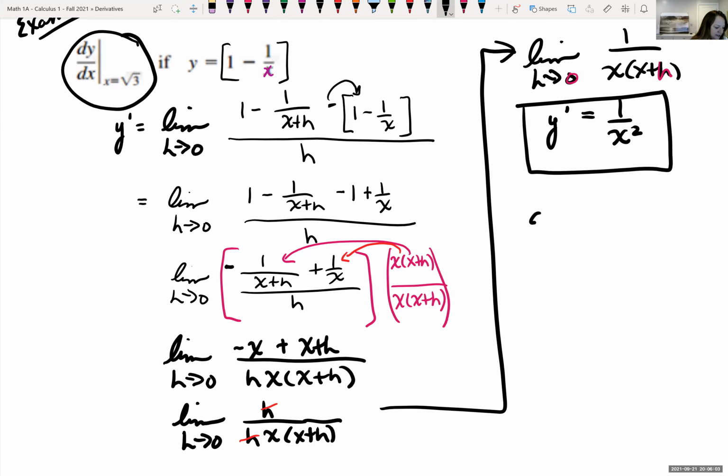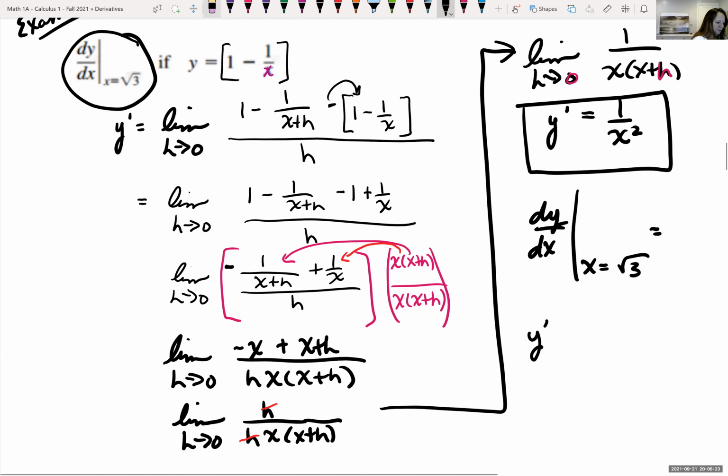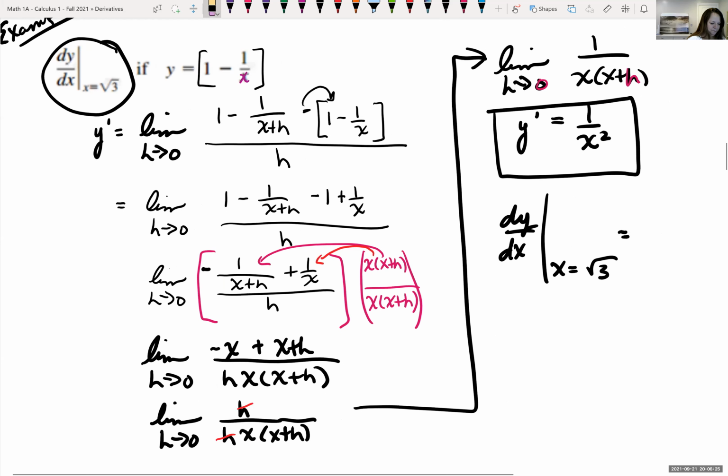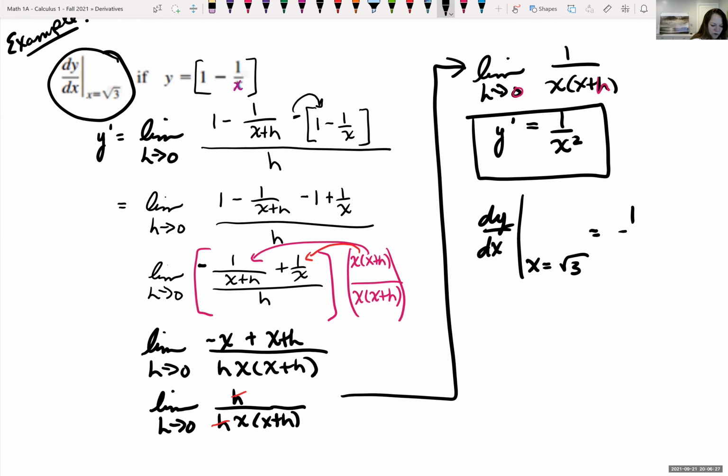And so when we do this, dy over dx, the derivative of y, evaluating this at root 3, that is equal to 1 over root 3, quantity squared, which is equal to 1/3.